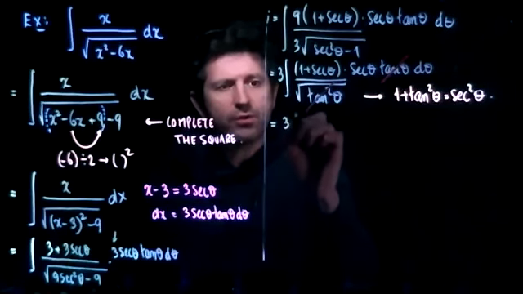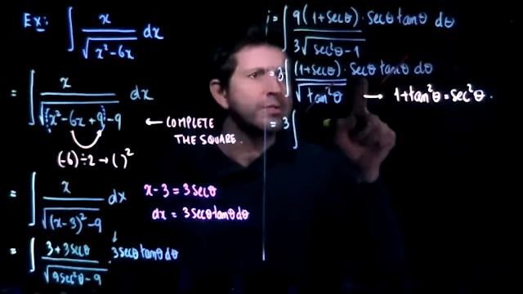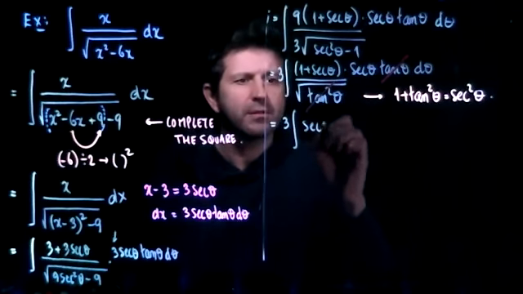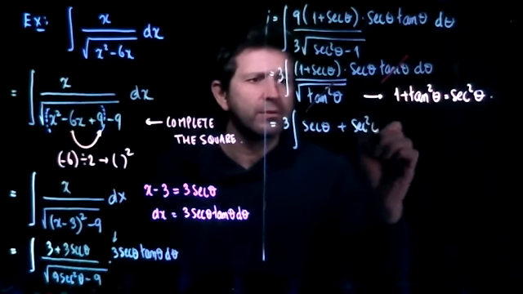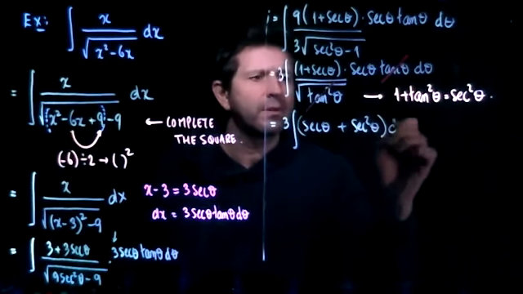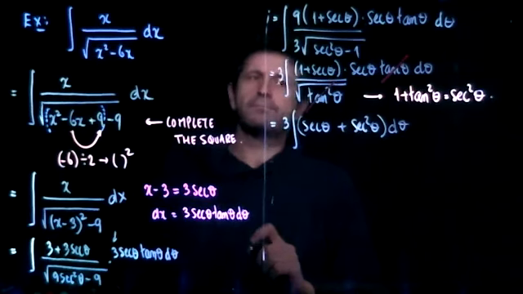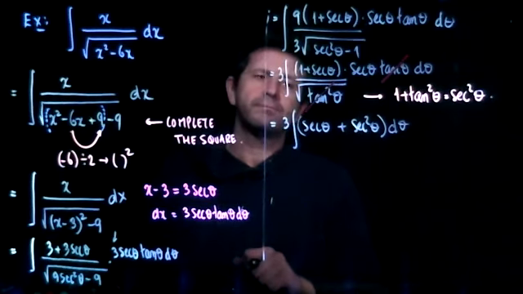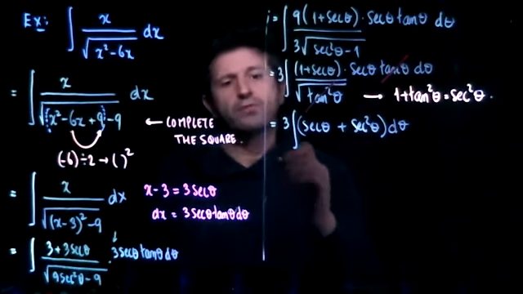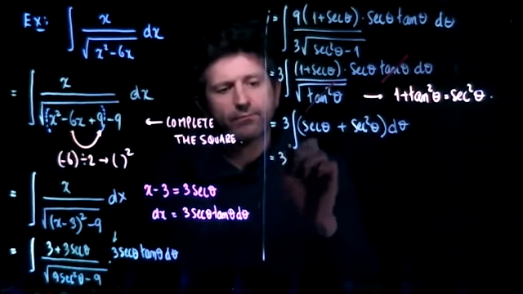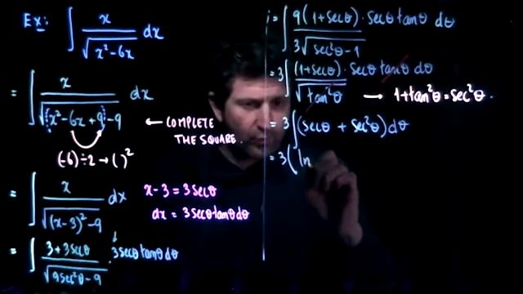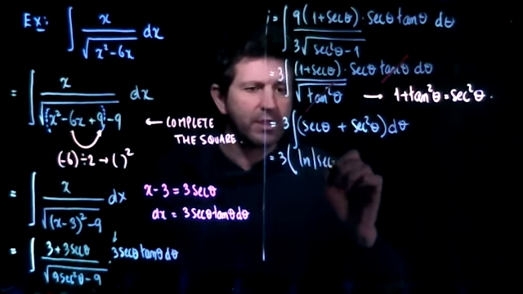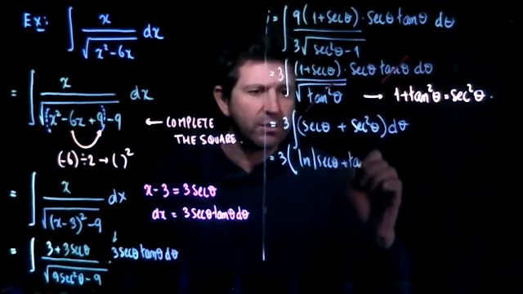So I'm left with 3 integral of secant plus secant times secant, which is secant squared, d theta. And we could integrate this very easily. The antiderivative of secant, we proved, is ln of secant plus tangent.